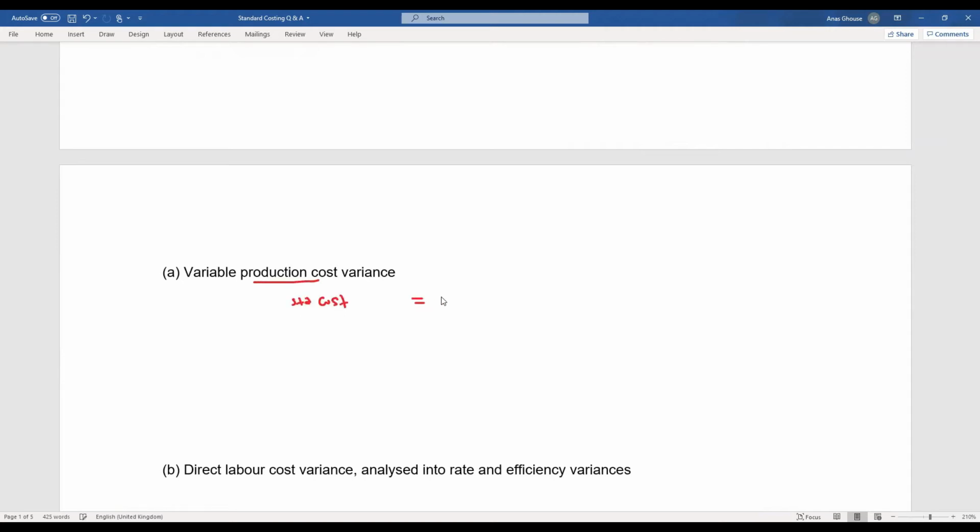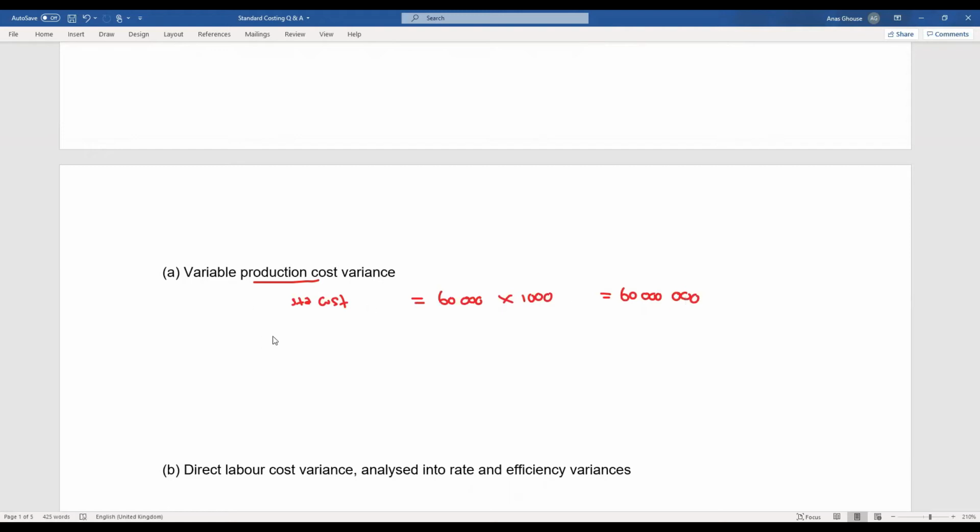Our actual production was 1,000 units. So therefore we should have paid 60 million.